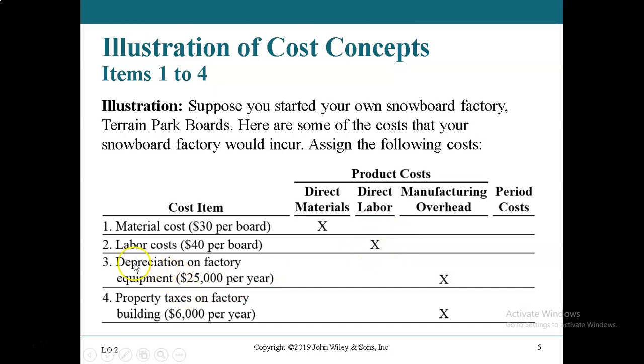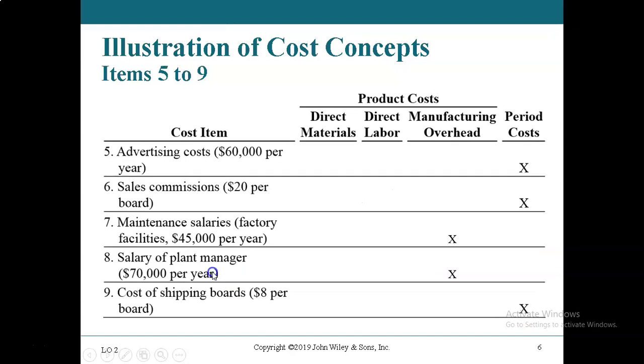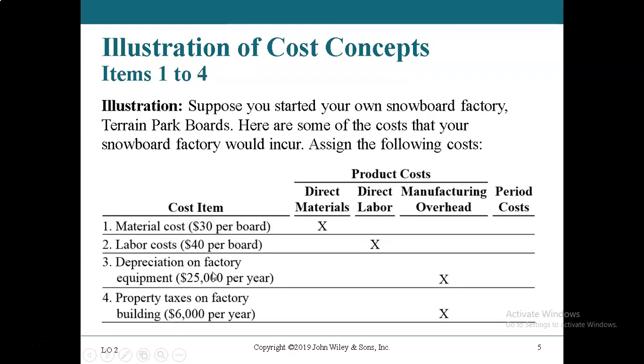And look at this, depreciation on factory equipment. That's manufacturing overhead. The reason is, do you need factory equipment to make your product? Probably. So you need the depreciation on the factory equipment. That's going to be manufacturing overhead.